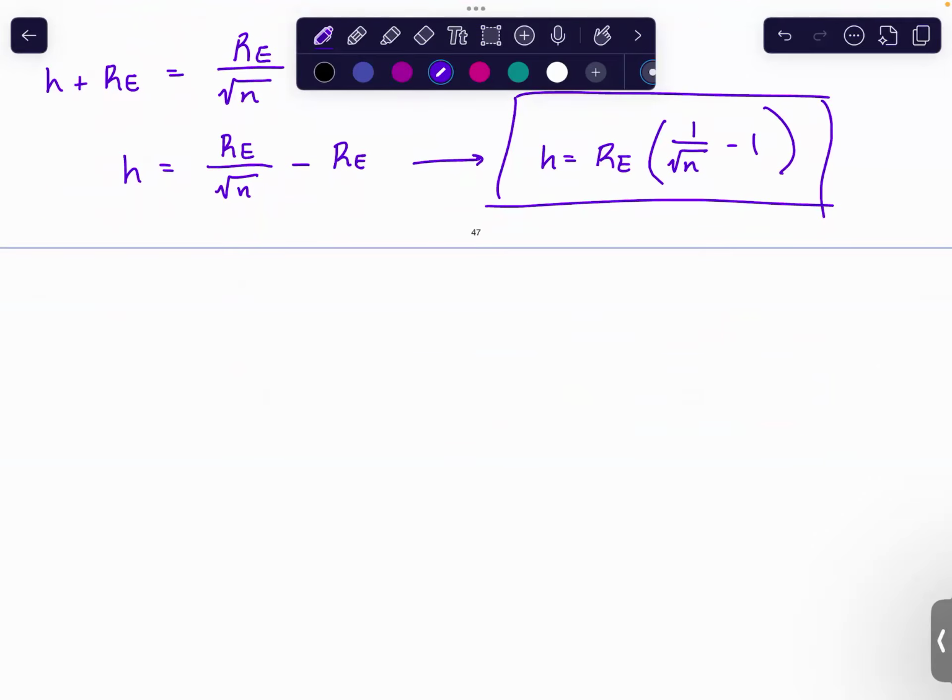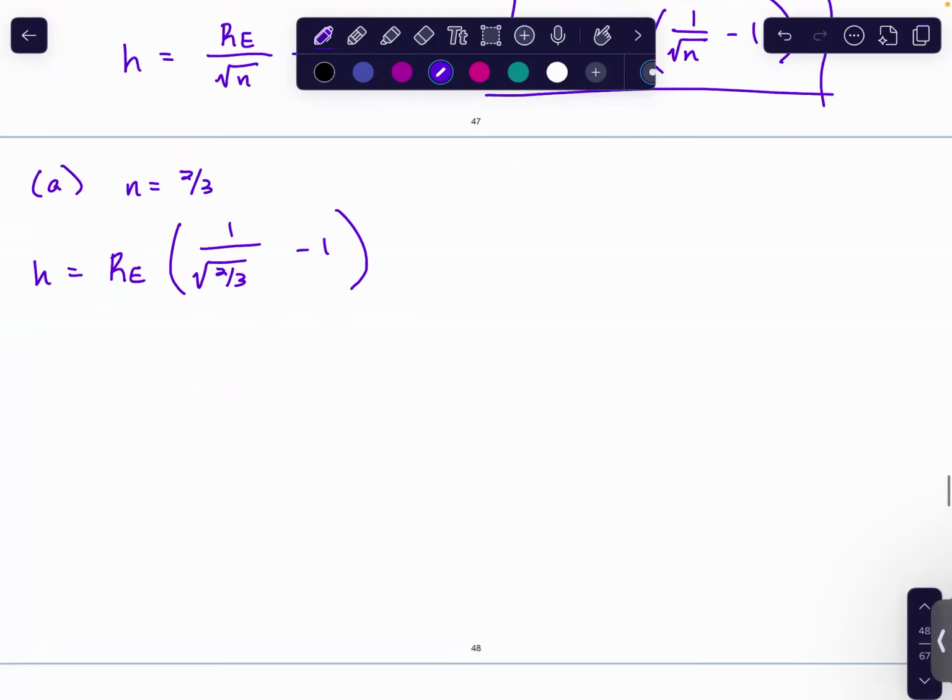So let's look at part A. n equals 2/3. All right, well, h is going to be the radius of the Earth times one over the square root of 2/3, minus one. Okay, how much space do I have? I have plenty. Okay, that's going to be the radius of the Earth.